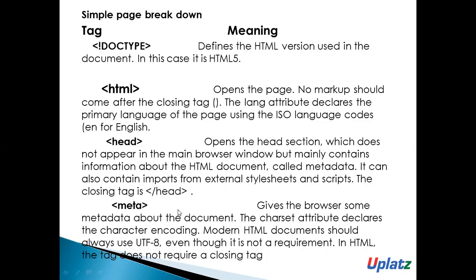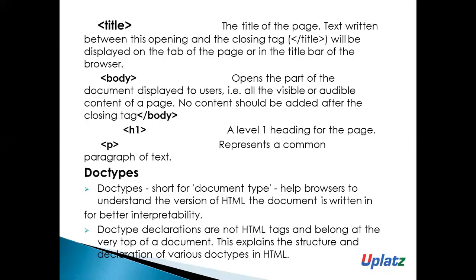It gives the browser some metadata about your document, and charset declares the character encoding. Modern HTML documents should always use UTF-8, even though it is not a requirement. In HTML, the meta tag does not require a closing tag. Next is title.